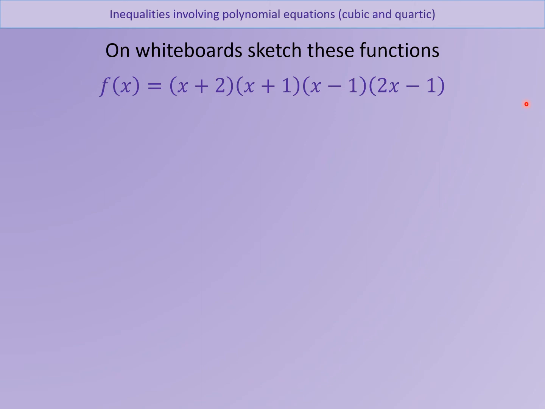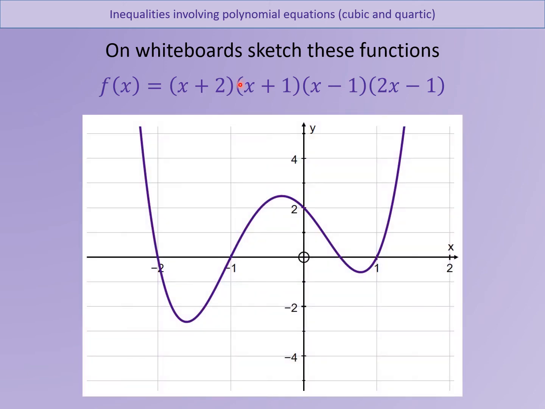So a quartic will either be W-shaped if it's a positive x to the 4, or M-shaped if it's a negative x to the 4. So this one's a positive x to the 4, which means it starts in the top left, also finishes in the top right. So it's got 4 roots, so -2, -1, +1, and +1/2. So that is the shape of the graph there.